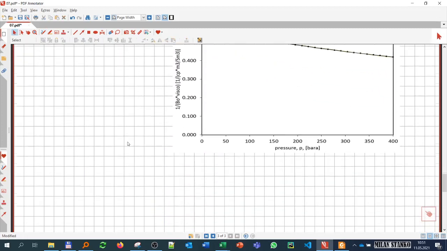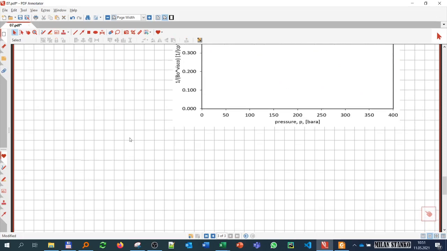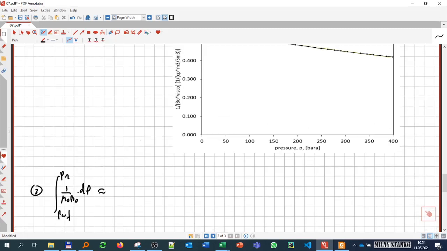Okay, so after I have that, I know that it's linear. Well, I can then say that this integral 2, from PWF to PR of 1 over mu BO dP, can be approximated, because we say it's linear, with the trapezoidal rule. Remember, it's simply the area.